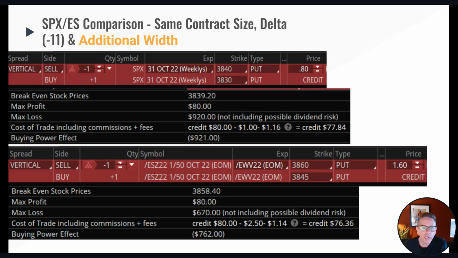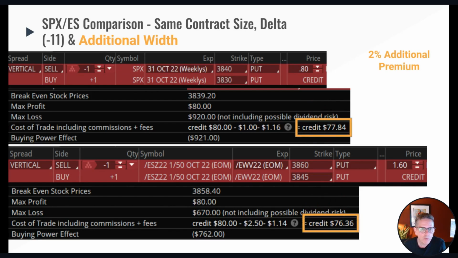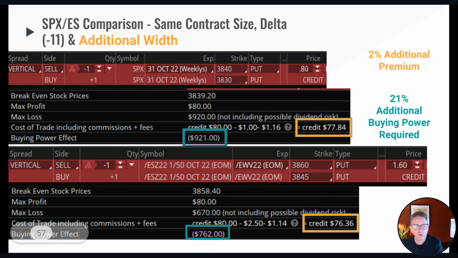So you're looking at $921 for that buying power, and this one $762, right? Basically with the same credit. So your buying power effect is much greater than with SPX, because you're getting basically the same initial credit, but you're getting 21% additional buying power for using this.